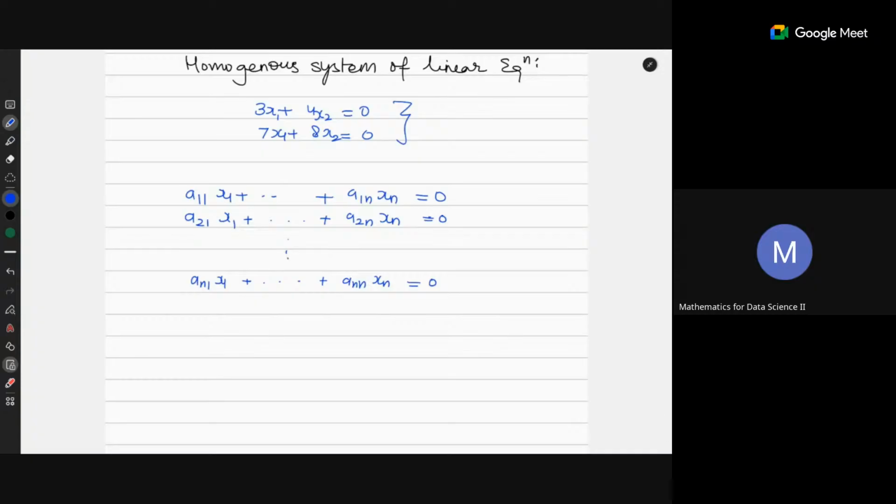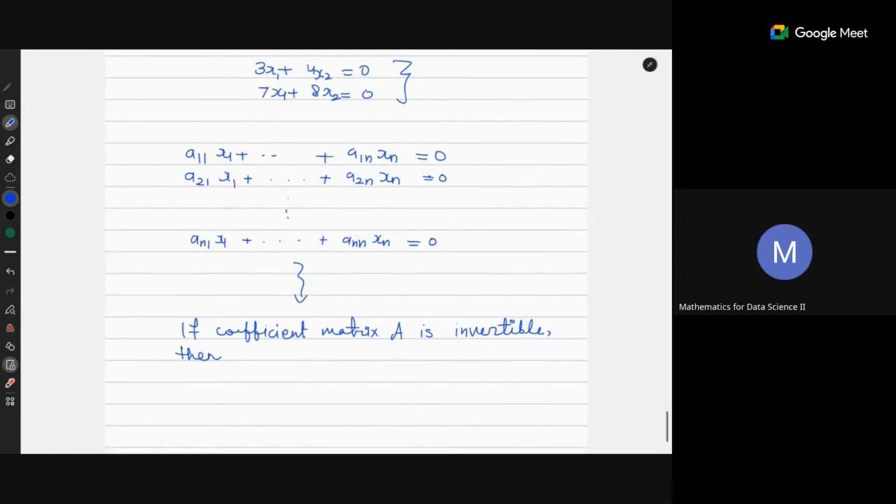Now, if the coefficient matrix A is invertible, then you will always have a unique solution, which is zero solution.